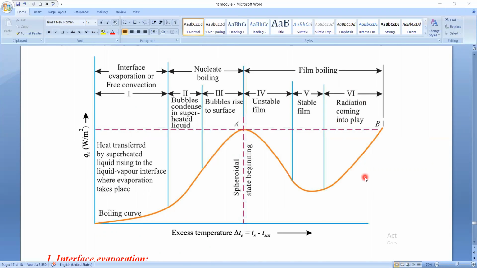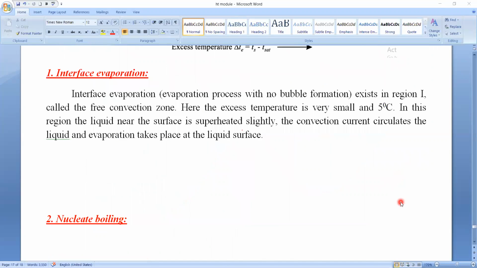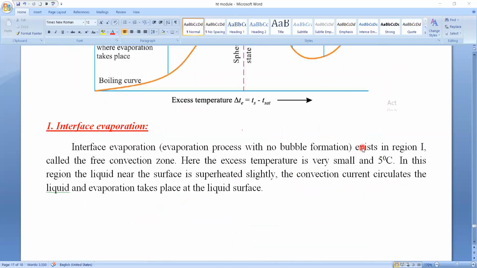Whatever heat is generated by that metallic surface or the heater will be lost in the form of radiation, because between the solid medium and the surrounding liquid, a film is formed. That film consists of water vapor, which acts like a barrier. That's why the radiation comes into picture.